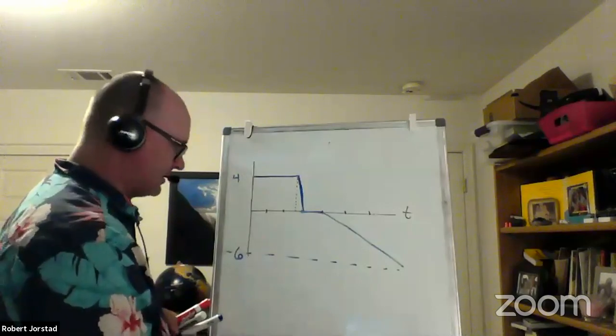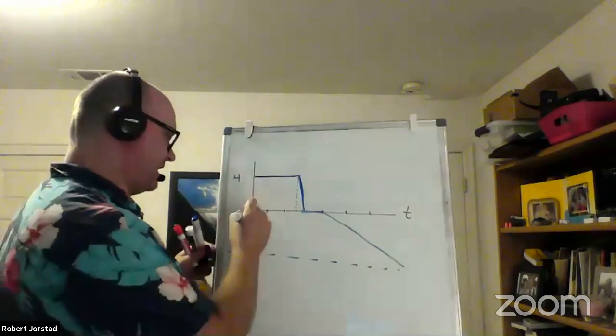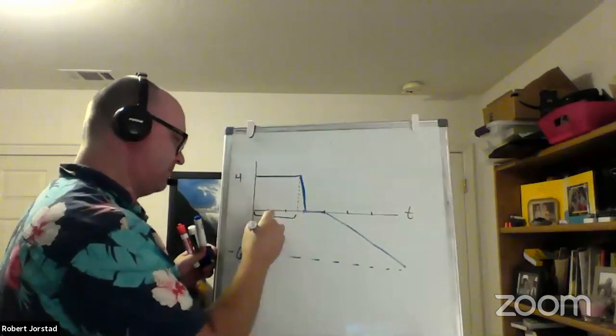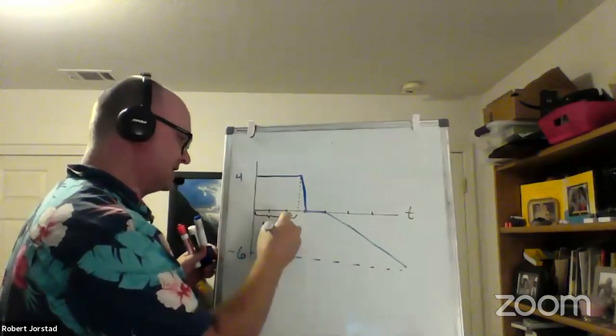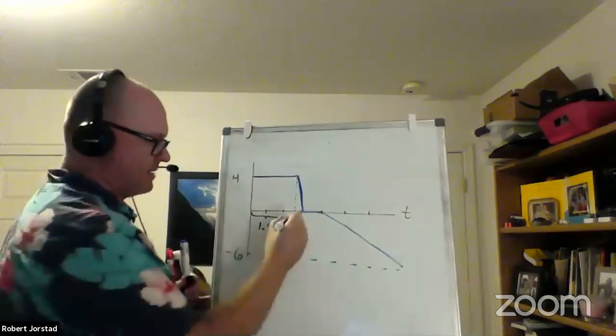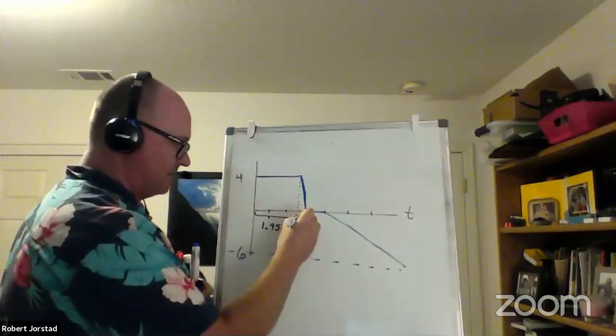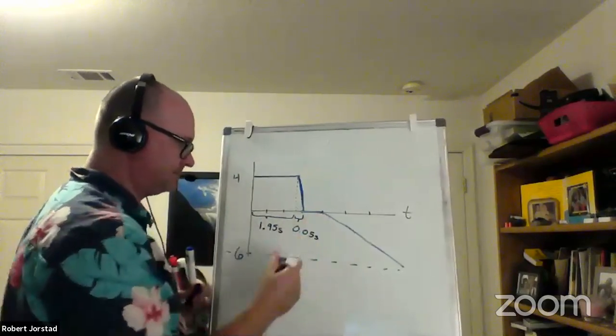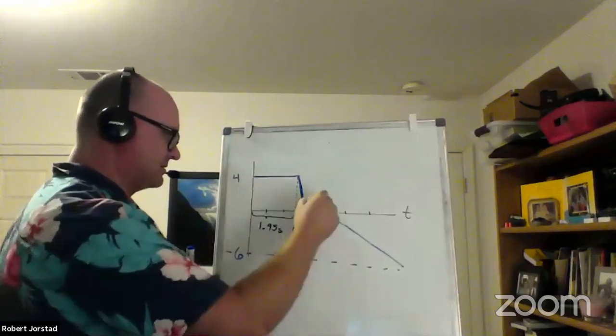All right. We were told that this region right here was 1.95 seconds. And so that means this little time right here was 0.05 seconds. And this was 3 seconds.